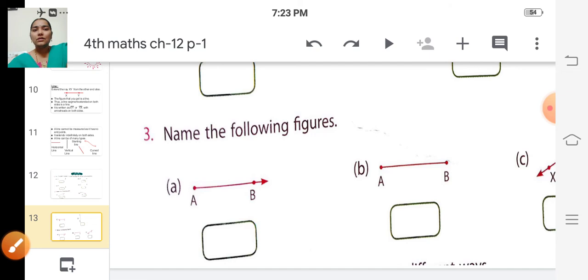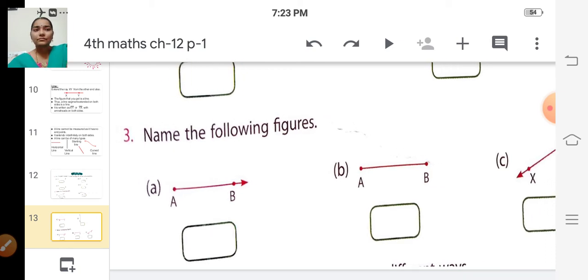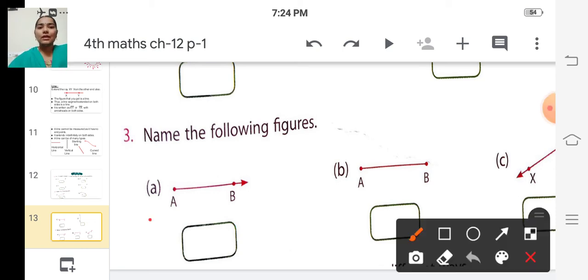So the third question, name the following figures. First one, look at the first figure A. They have AB and they have extended B. This line segment is extended from one end, so they have put one arrow mark.